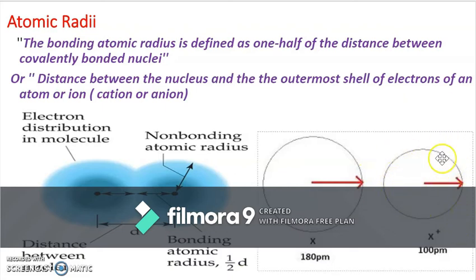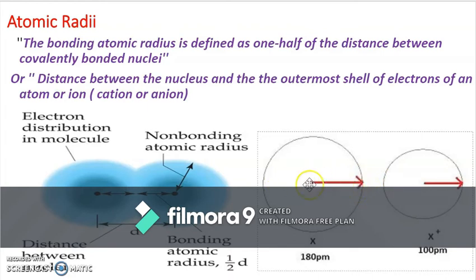If the distance is measured in ionic state, then it is called ionic radii. If the distance is measured in atomic state, or without charge, then it is called atomic radii. Here these are the nucleus and these are the valence shell electrons.